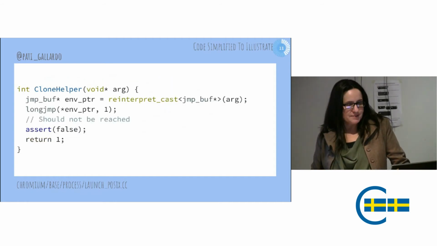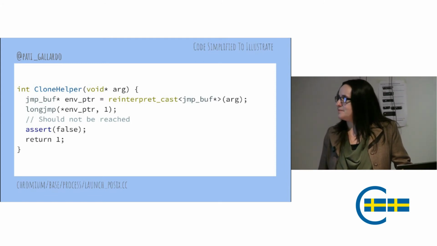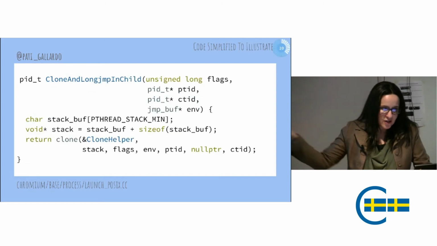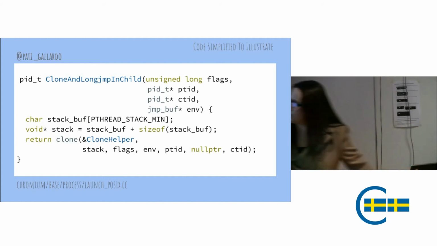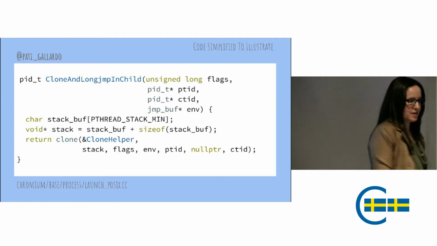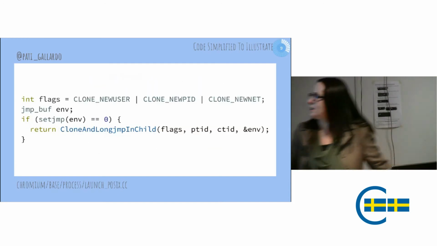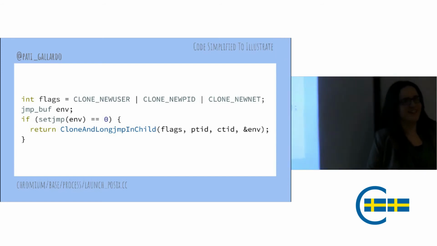And then the clone helper does a longjmp back. So this clone will call this function. You pass in the function that you want to call the moment it's finished. That does a longjmp back here, and then it looks like a fork.